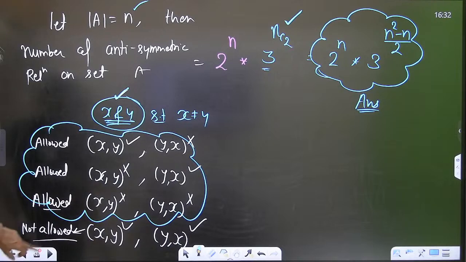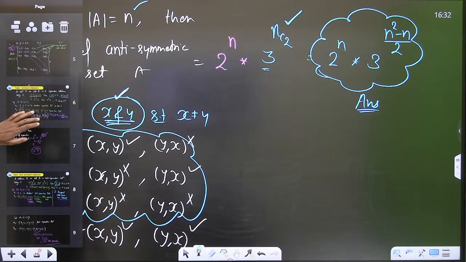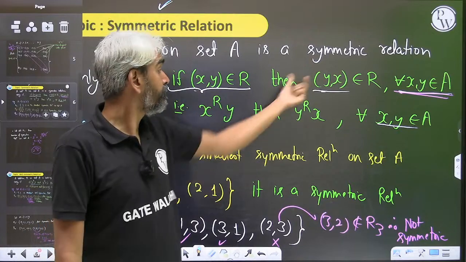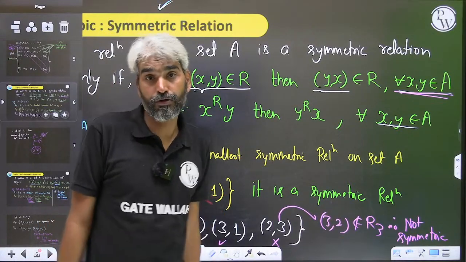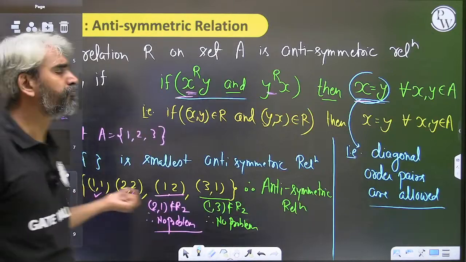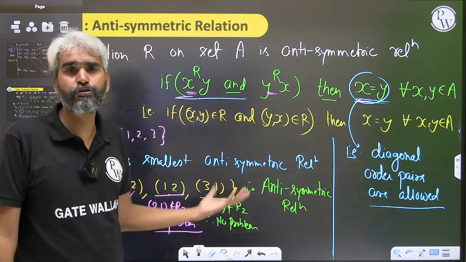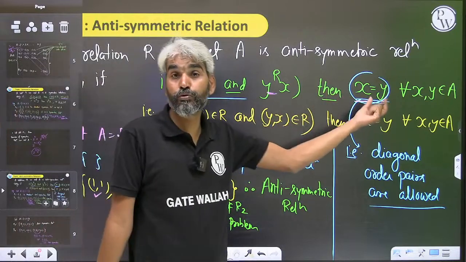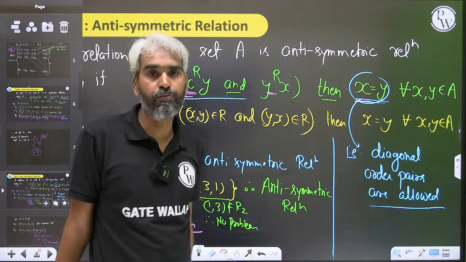Now go back to the definition of symmetric and antisymmetric. When we said symmetric, we said if x comma y belongs to R, then y comma x should also belong to R. In antisymmetric, it's possible for x comma y and y comma x to be present in the same relation, but it is allowed only when x is equal to y. That is, diagonal ordered pairs are allowed.